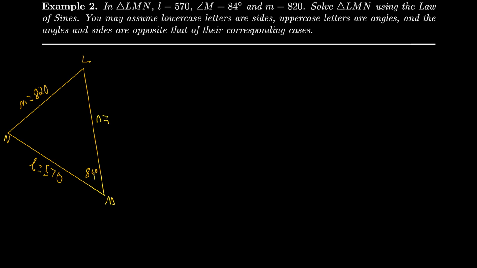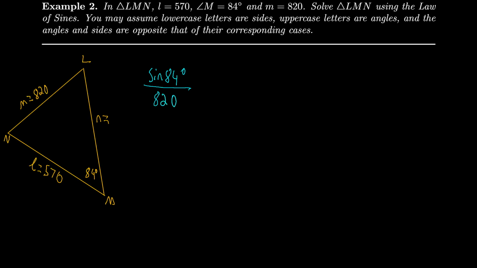So the trick with the law of sines is, first off, figure out which angle-side relationship we have. So right now, we're working off the M's. That's the relationship that we have. So let's relate those. Now, let's figure out what it is that we want to solve for. So the first thing I'm going to write down is the sine of 84 degrees over M, which is 820.